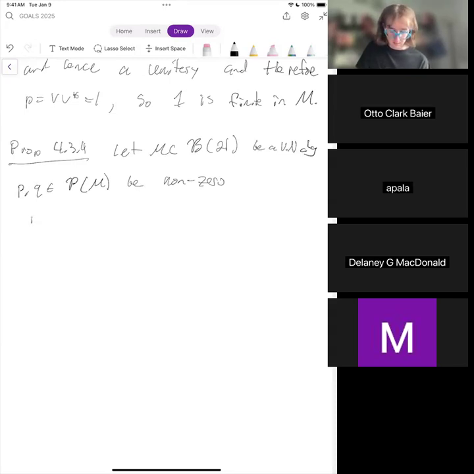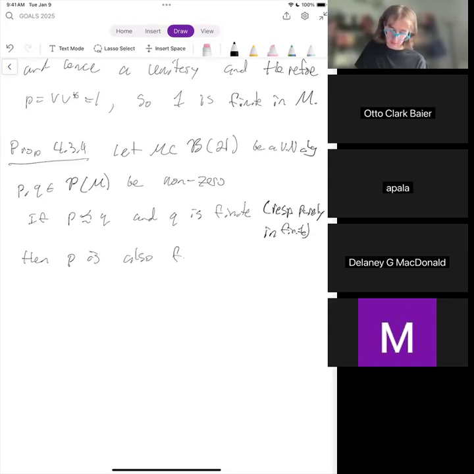If P is subequivalent to Q and Q is finite, respectively purely infinite, then P is also finite.